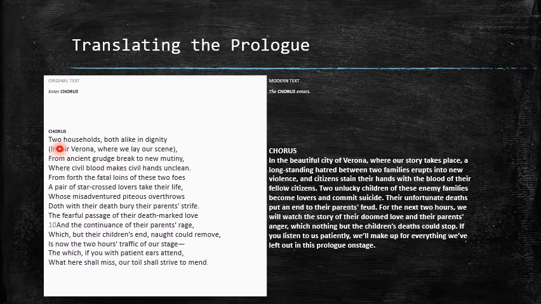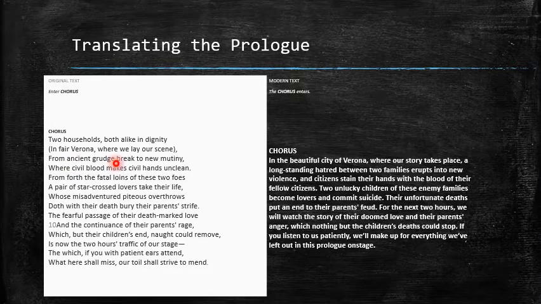So, two households, both alike in dignity, in fair Verona. That word fair means beautiful, because what they are saying is, in the beautiful city of Verona, where we lay our scene. In this case, scene means where our story takes place.